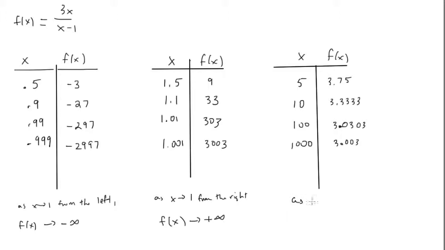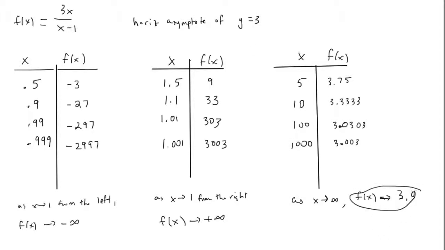So as x gets really big, it looks like the f of x values are settling down on 3.0 on the money. All right, so from this we should guess that we probably have a horizontal asymptote of y equals 3. Okay, so y equals 3 because of this guy right here.